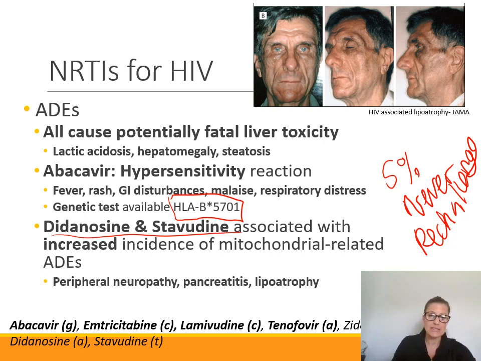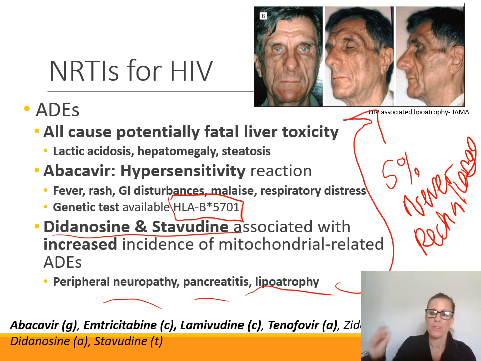The increased incidence of things like peripheral neuropathy, pancreatitis, lipoatrophy. Lipoatrophy is what you see up here, where literally there's atrophy of the fat tissue. You see the fat tissue just wears away, and the person gets this kind of skeletal look.